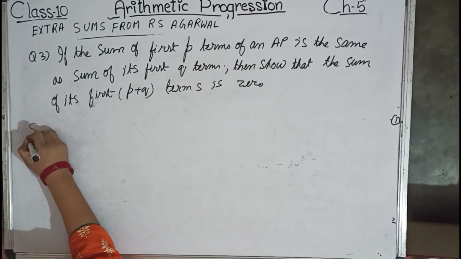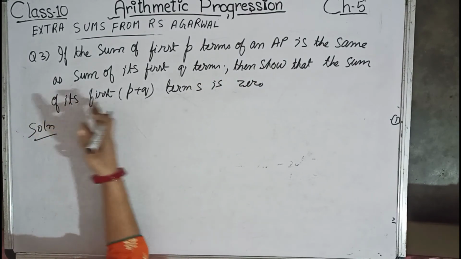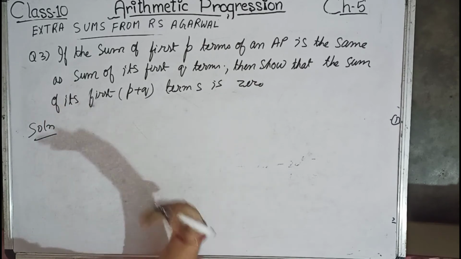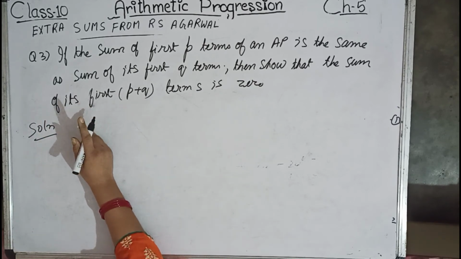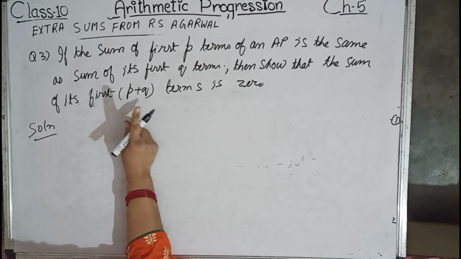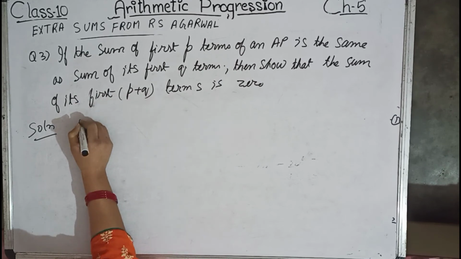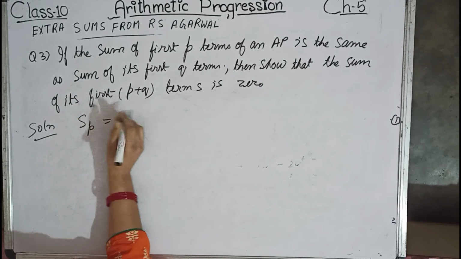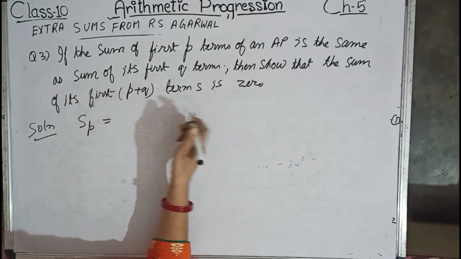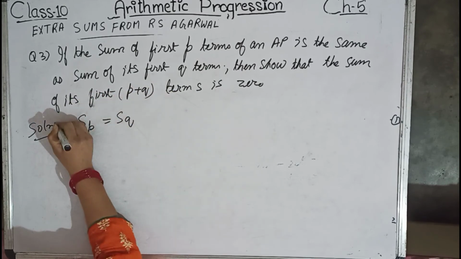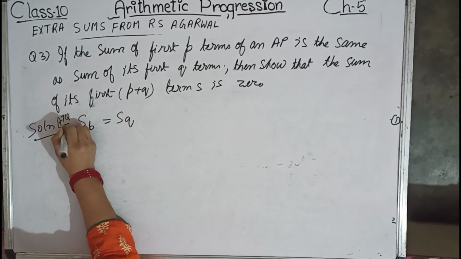So here also, children, that story you write: let A be the first term and D be the common difference of the given AP. Now it is given that the sum of the first p terms, that is SP, is the same as the sum of its first q terms, SQ, according to the question.